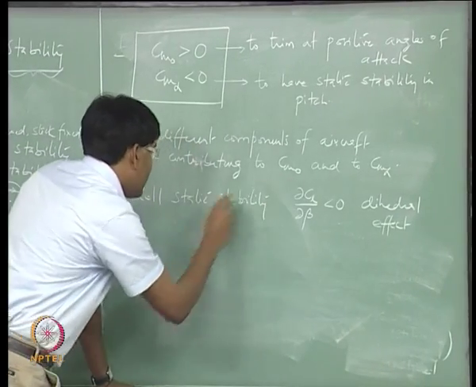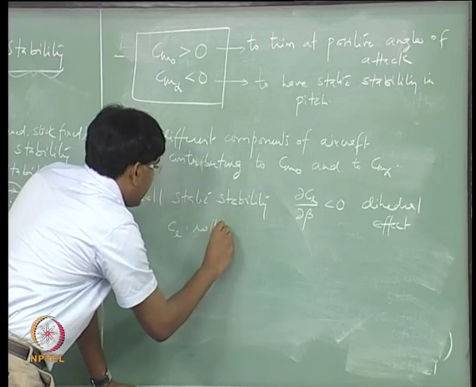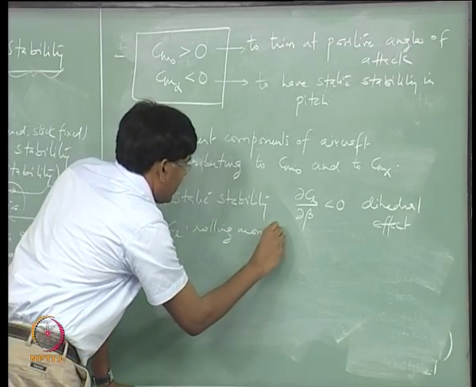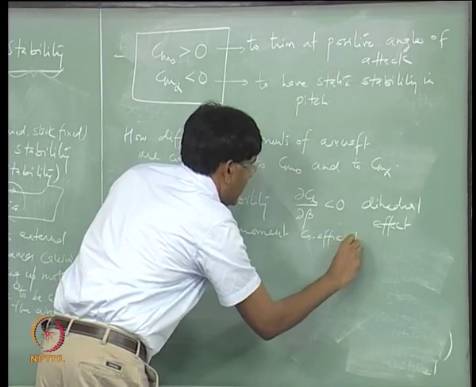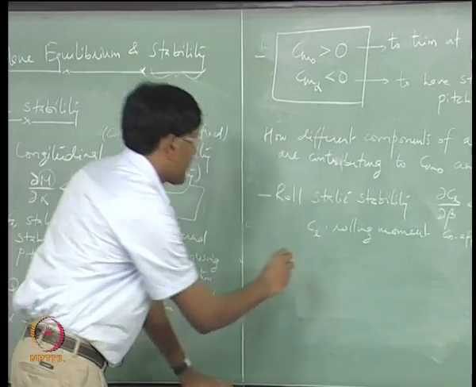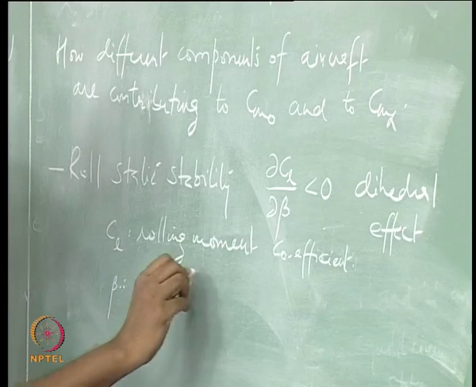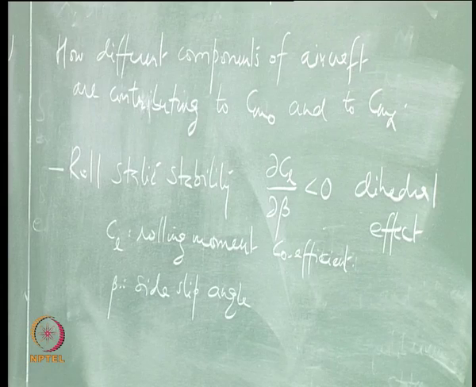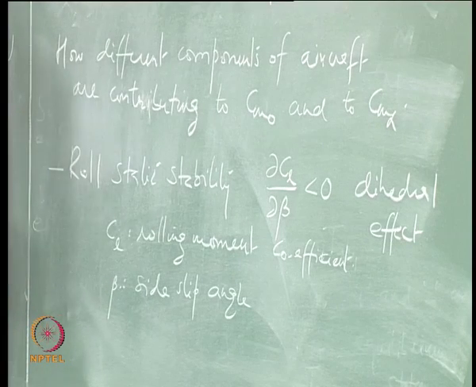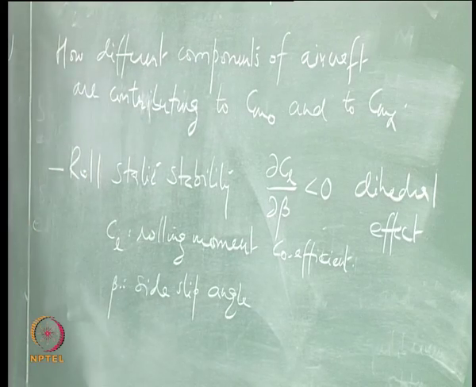This Cl is coming from the rolling moment. So, this is another static stability criterion that the aircraft designer will have in mind.